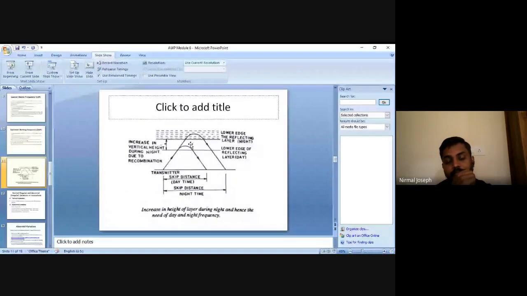So it will reach up to the E layer and come back. Consequently, the skip distance will be more. So to maintain the same skip distance, it is better to use two different frequencies during daytime and night time. Normally we use two different frequencies for day communication and night communication.